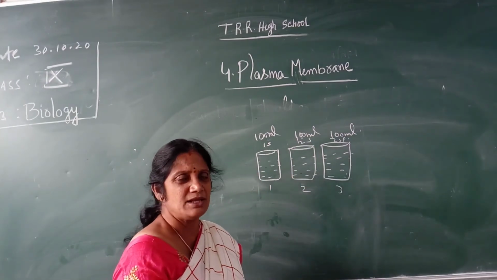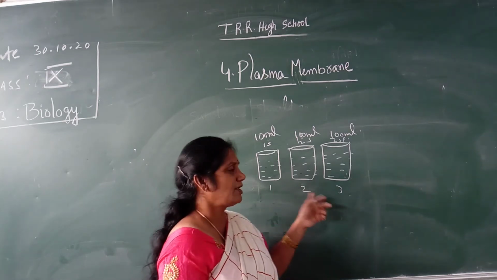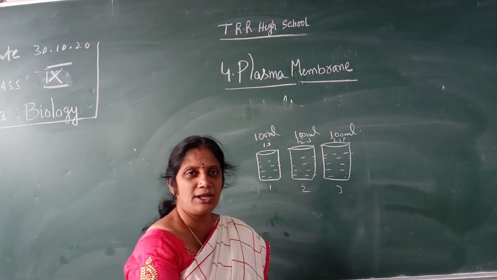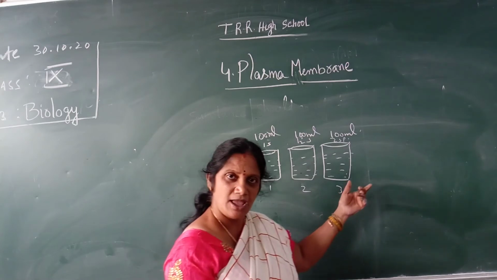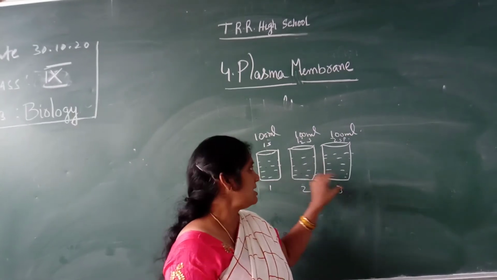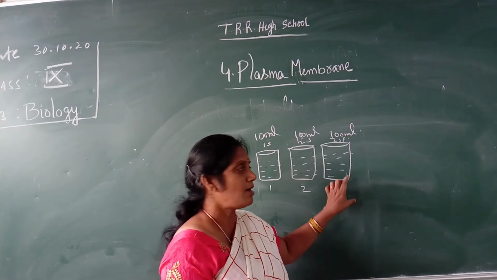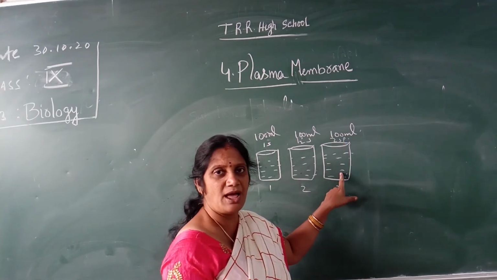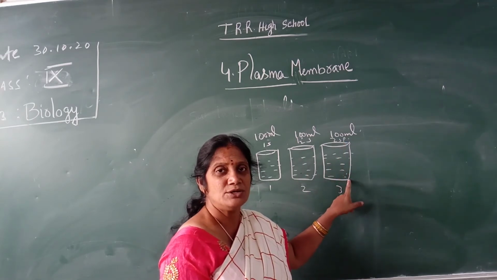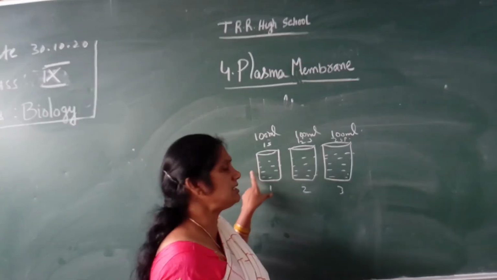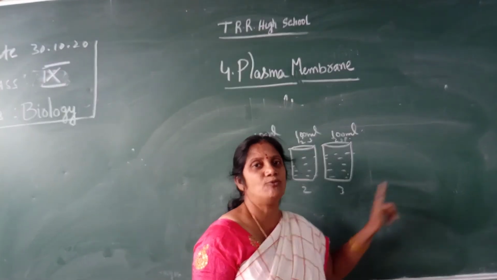Stir well. Just taste it. Which one will be more sugary? Obviously the third one. Why? Because the quantity of water is the same, but the sugar quantity is more in the third beaker. So here, what is the sugar and what is the water?